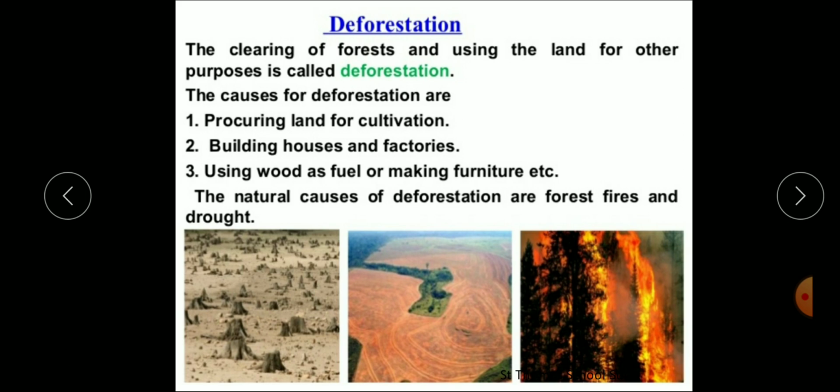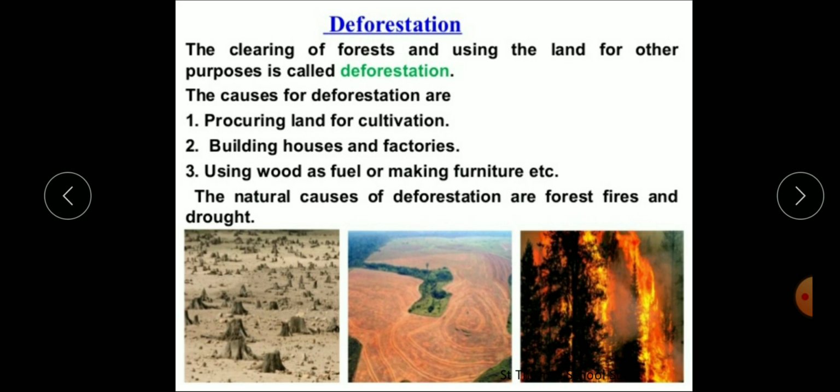So one of the most serious environmental problems faced by us is loss of biodiversity. There are a number of causes responsible for this. Okay, so first we will see what is deforestation. Deforestation and its causes.